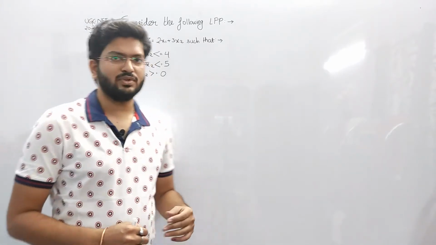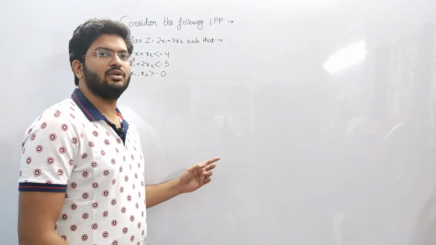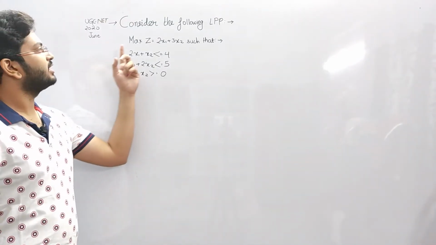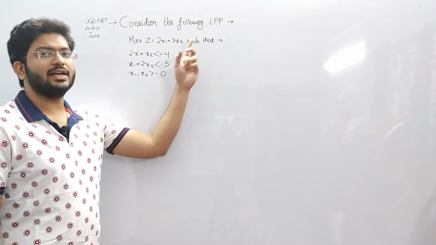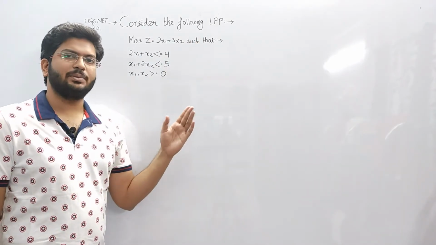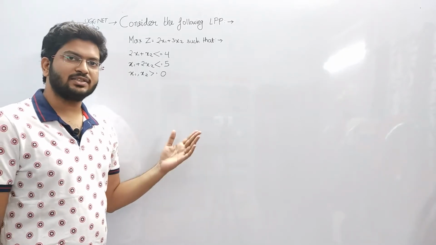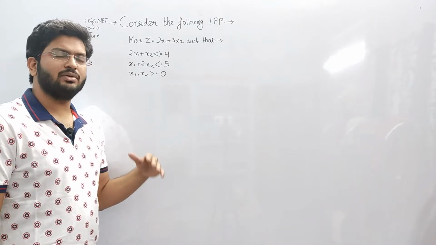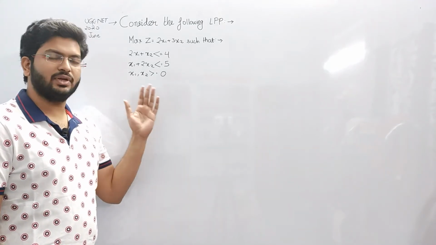Let's see the question which was asked in UGC NET June 2020. Consider the following LPP. LPP stands for linear programming problem, and generally in the UGC NET examination it is always asked for 2 variables only, since the process gets lengthy; they have never asked for 3 variables.